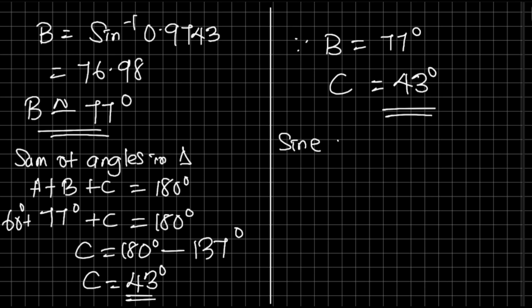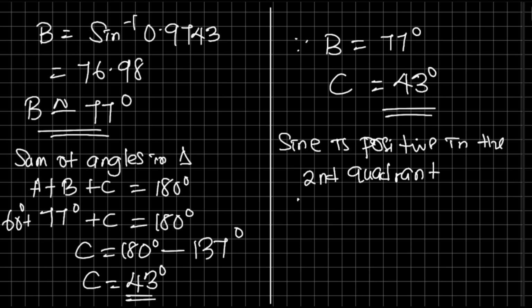Sine is positive in the second quadrant. So that means B can also be 180 minus 77, which is 103 degrees.